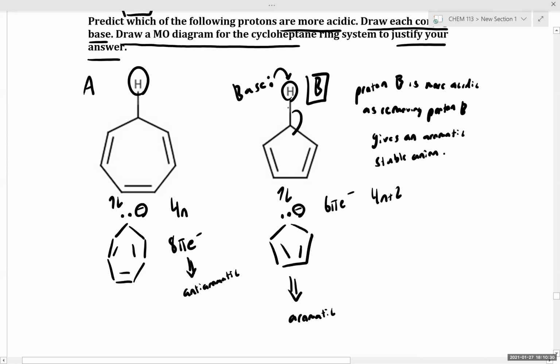The pair of electrons shared in this carbon-hydrogen bond would then end up localized on the carbon atom, and that's how we generate our aromatic anion. Does that make sense to everyone? So the base abstracts a proton, and we generate our conjugate base anion.